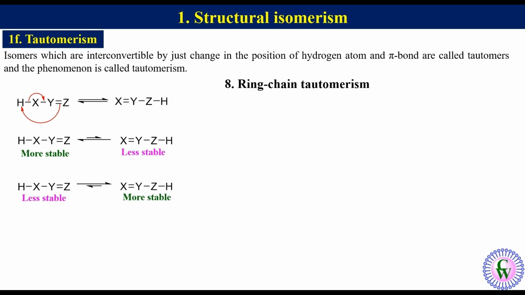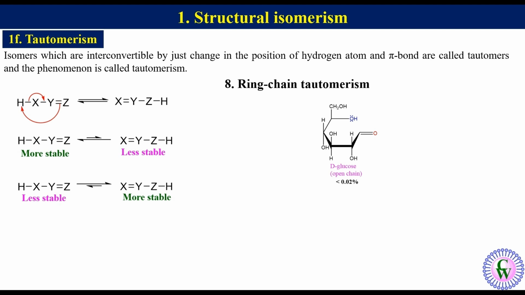Ring-chain tautomerism. In this tautomerism, delocalization of proton is accompanied by conversion of acyclic isomer to cyclic one and vice versa. For example, this is open chain form of D-glucose, which is less than 0.02% in solution.